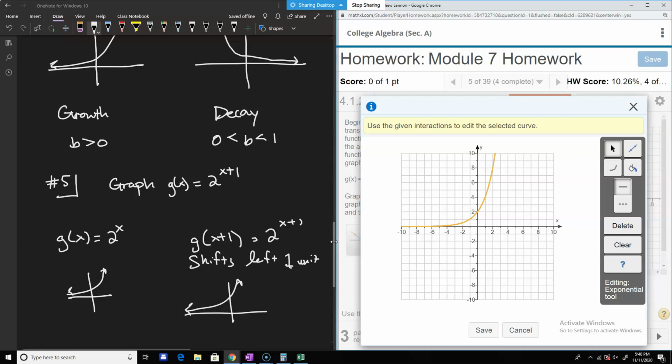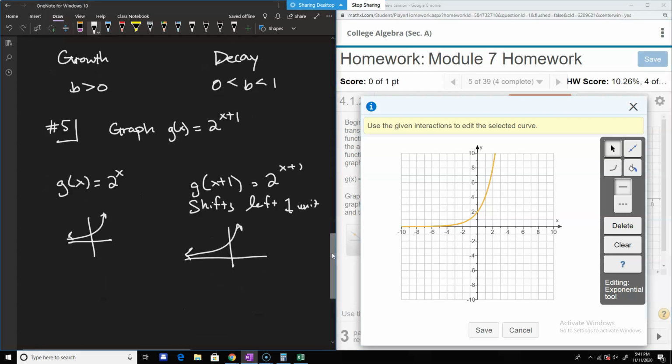Just quickly, this is correct, but for good measure, let's say we were doing x and 2 to the x plus 1, because that's the graph we're hoping to have. Let's just check 2 quick points, 0 and 1.